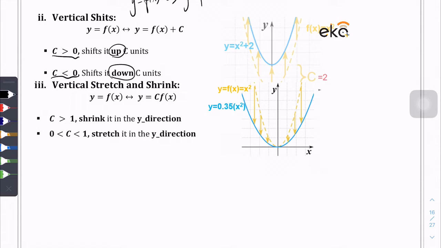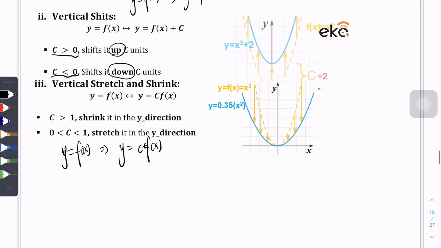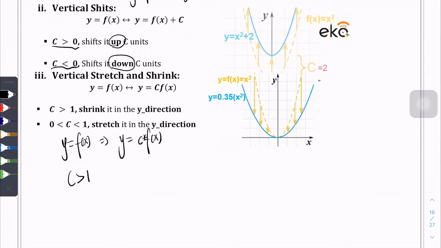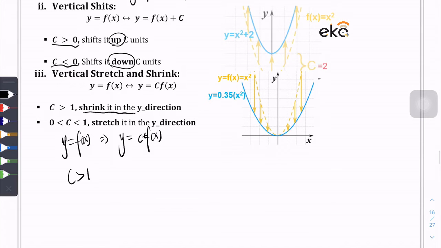So when c is greater than 1, the original function was y equals f(x), and now becomes y equals c times f(x). Okay, so when c is greater than 1, it stretches it to be fatter or larger.